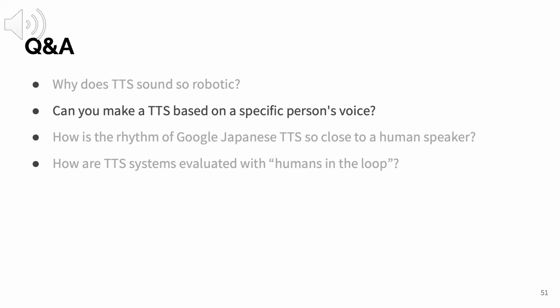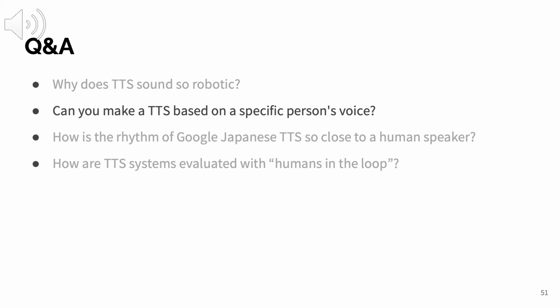But you will run into the same sorts of problems as I was saying before. It might not necessarily sound emotional. It won't be the way that that actual human would be producing it, unless you have loads and loads of training data. But you could certainly generate something like that. And again, the starting point for something like that would be getting an alignment with Gentle from training data.